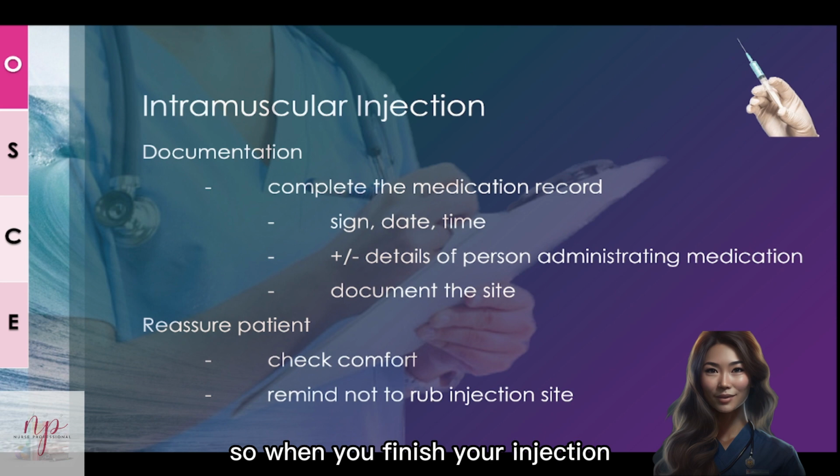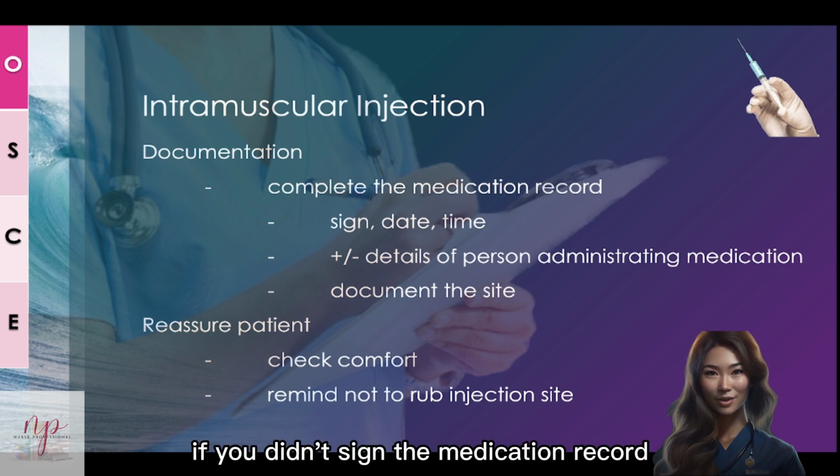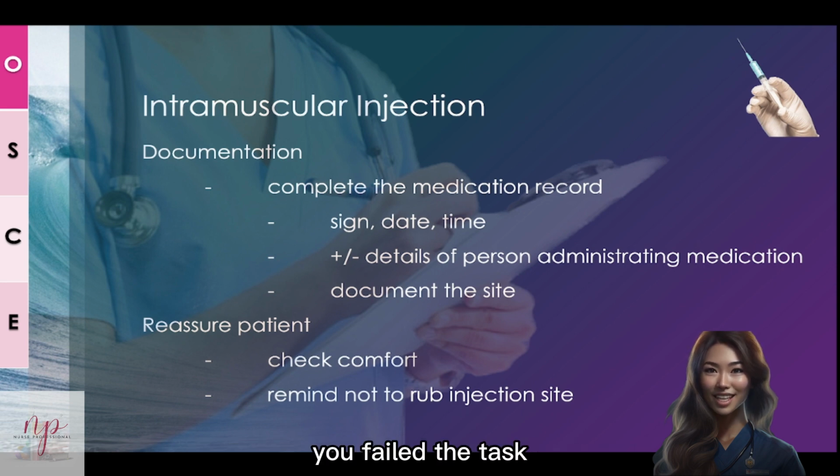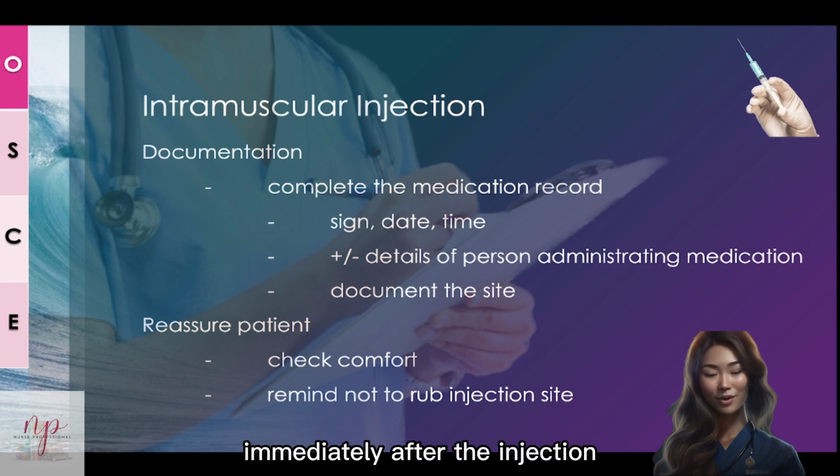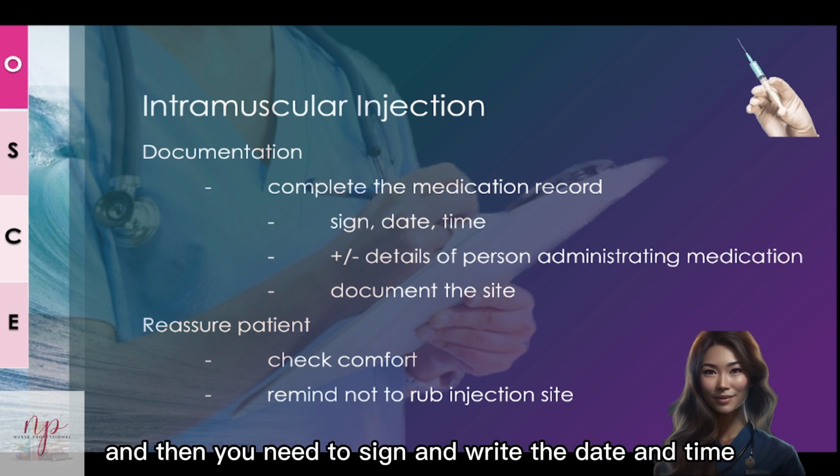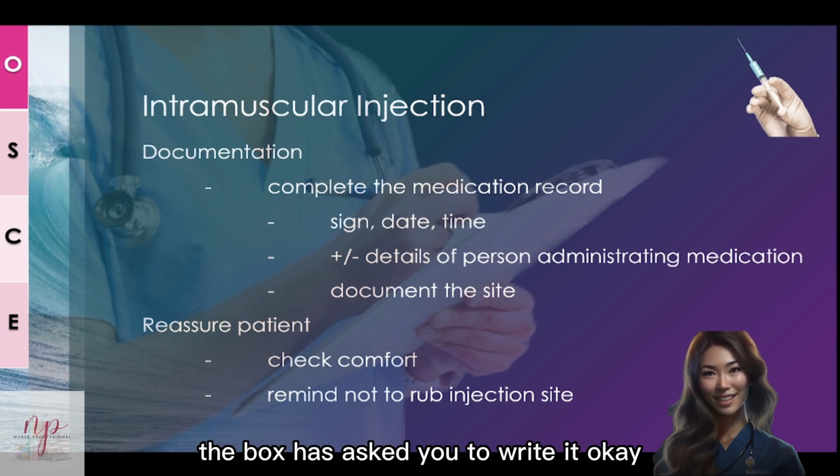So when you finish your injection, quickly do the documentation because time is running out. If you didn't sign the medication record, you failed the task. So remember, grab your time, sign immediately after the injection. And then you need to sign and write the date and time if the box asks you to write it, okay?